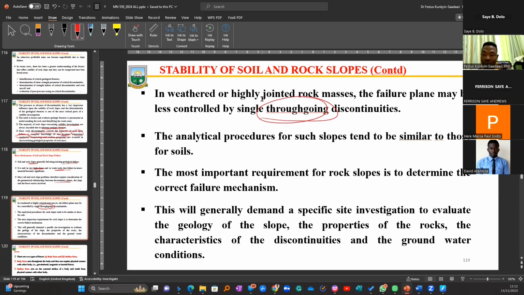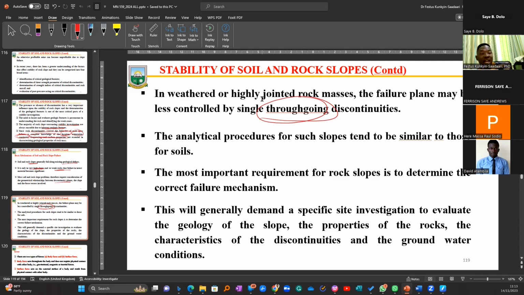Then the most important requirement for rock slopes is to determine the correct failure mechanism. Because if you understand the type of failure mechanism that is occurring, that is when you can anticipate them and put some safety measures in place to avoid them.